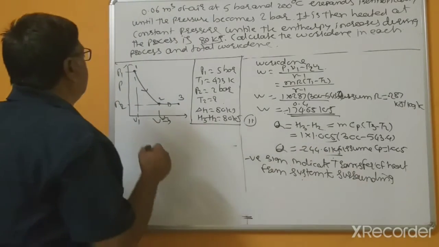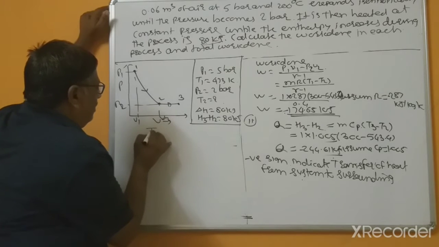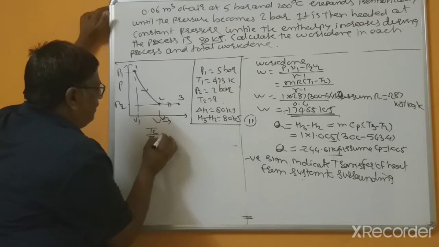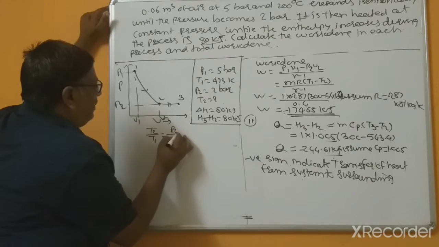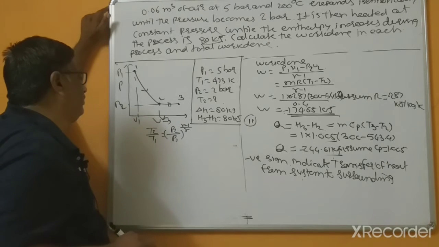That's why we can use the formula T2 divided by T1 equal to P2 divided by P1 raised to gamma minus 1 divided by gamma.